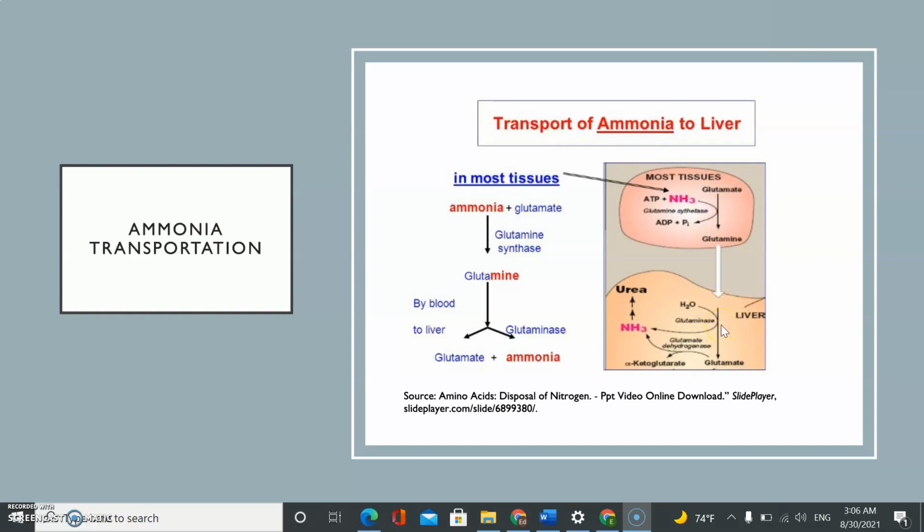In the liver, glutamine is deaminated by glutaminase to produce glutamate and one molecule of ammonia. The ammonia produced enters the urea cycle. Glutamate is deaminated by glutamate dehydrogenase enzyme to alpha ketoglutarate, releasing an additional ammonia molecule.